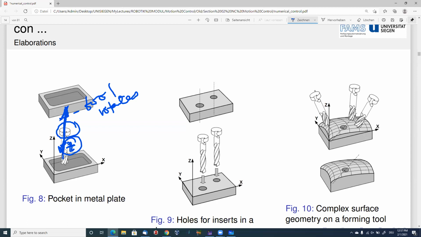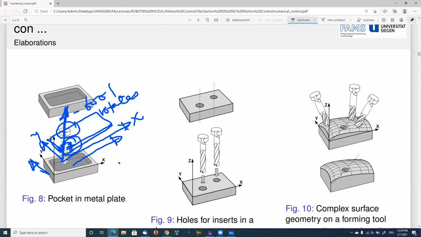Then the longest axis will be considered as the X-axis, and the shortest will be considered as the Y-axis. Because now we have a job, either we translate along the X-axis or along the Y-axis, but depending on the axis length, we can decide whether to choose X or Y. The same is true here.